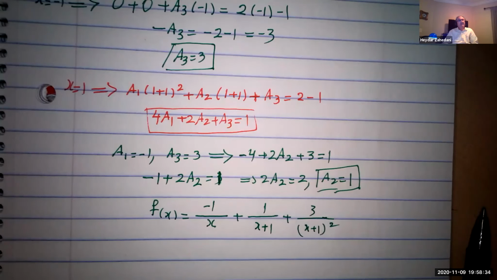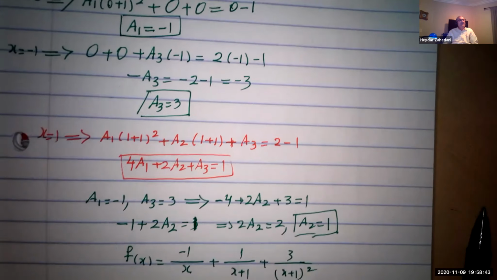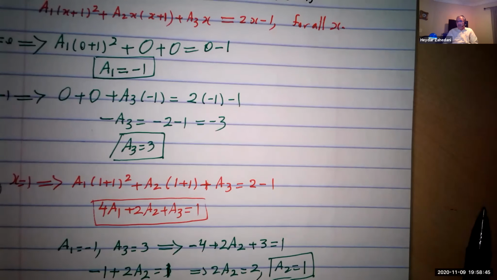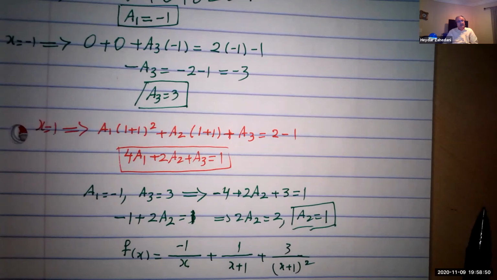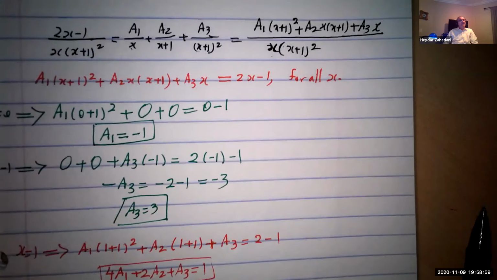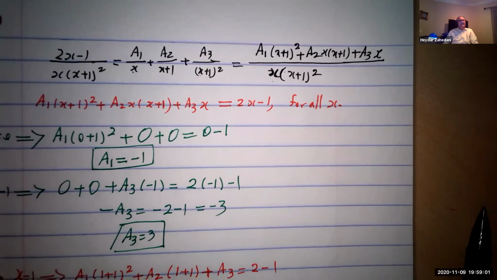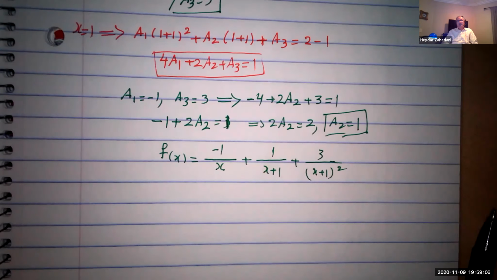In case 2, we have a repeated factor, so you have to repeat it, because you have to have as many partial fractions as the factors. So it doesn't matter that it's repeated; you repeat your partial fraction up to the power of the square. Okay, that is case 2. Any question?